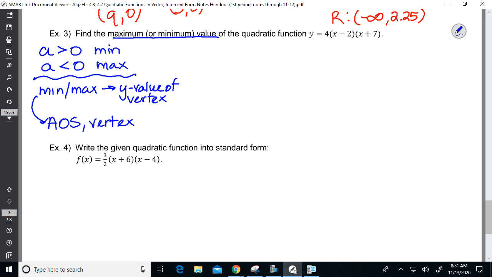So again, same rules apply. So for our function, y equals 4 parentheses x minus 2 parentheses x plus 7. A is 4, P is, oops, P is 2, Q is negative 7.